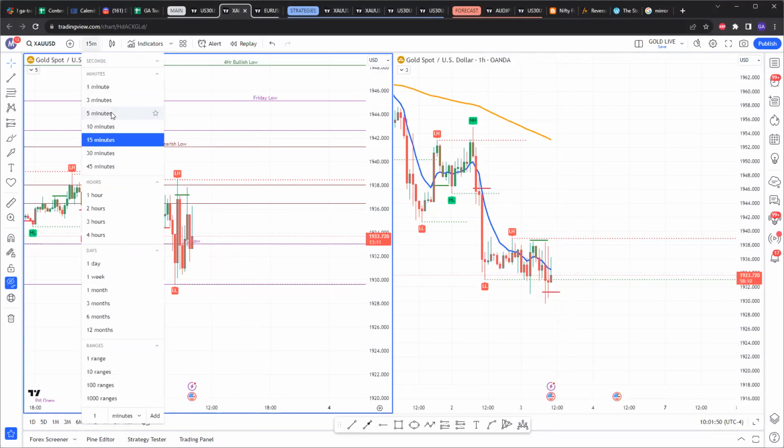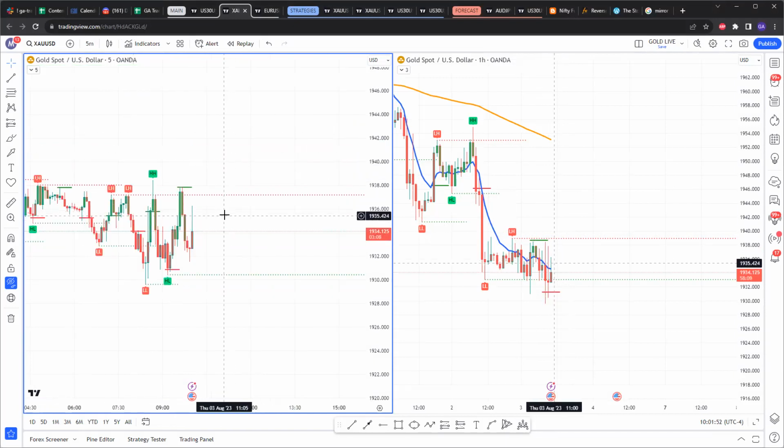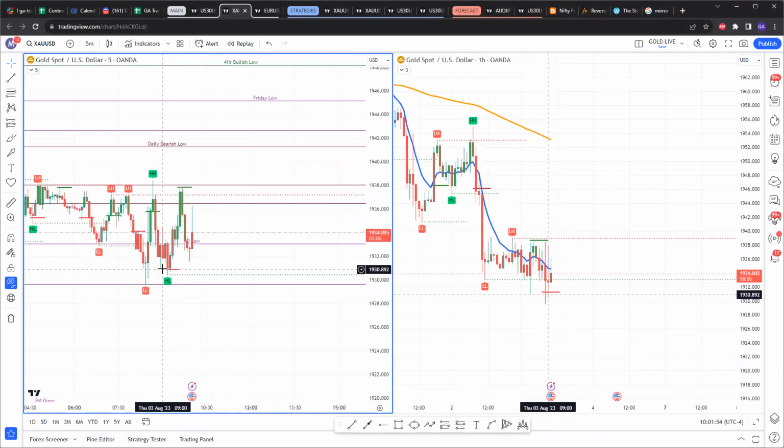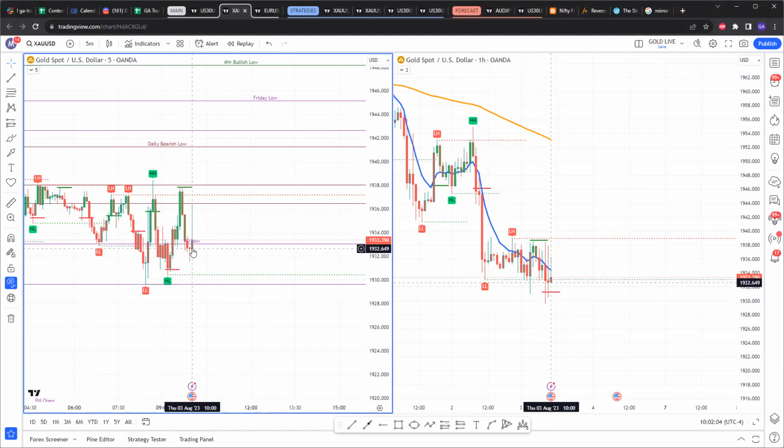On the 5. All right, so the 5-minute entry would be somewhere down here, 1930.857. But for me, my entry I'm waiting for here because this was the candle spike. So my entry based off of the hourly will be here. So if gold gets there, that's when I am entering.